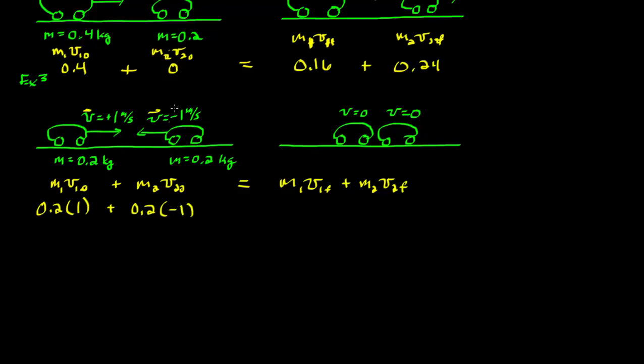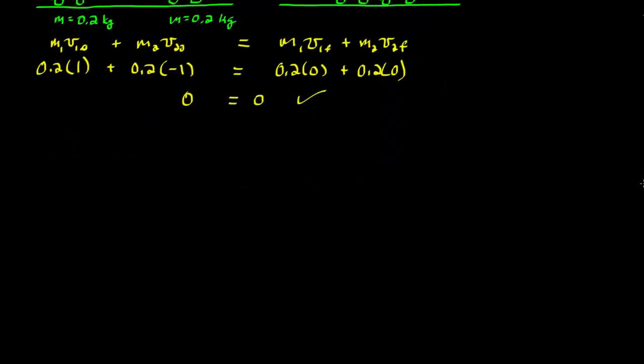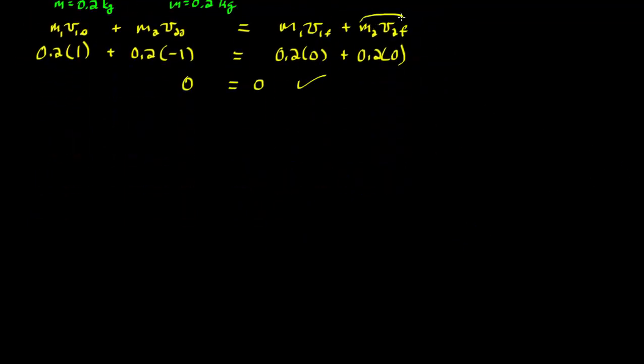Make sure this is where you're going to mess up. Equals mass 1, so 0.2 times 0 plus 0.2 times 0. So on this side, this is all 0, and here, well, that's 0.2 minus 0.2, so we get 0 equals 0. So it assumes that that's true, and it is. It always is. And so this quantity of mass times velocity is called momentum.